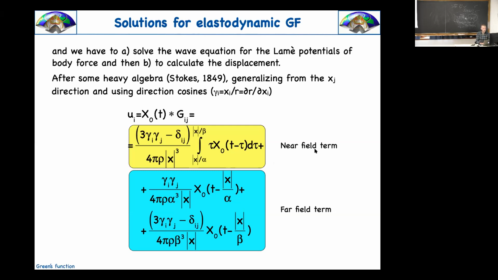You know why it's called near? Because look at the decay. Here we have 3, here we have 1. What does it mean? That sooner or later, the amplitude of the yellow box will be negligible compared to the blue box because it's decaying faster.